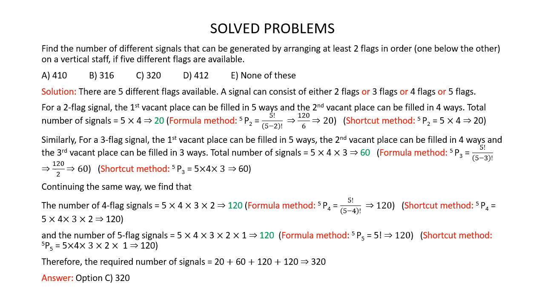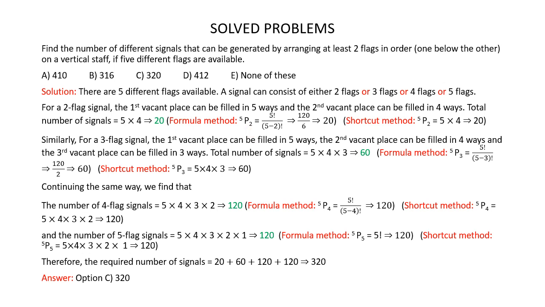Now let's use the formula method. Here, since two flag signals have to be formed, it means that two flags have to be taken at a time out of the 5 available flags. So the number of signals is 5p2.